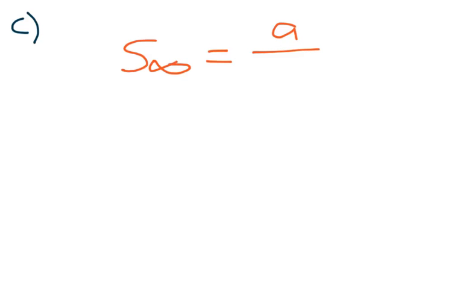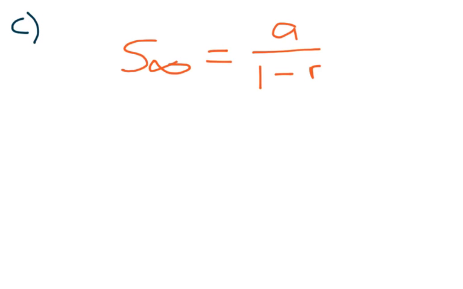So part C of this question asks, if the ball were to continue to bounce indefinitely, find in meters the total vertical distance it would travel. So for this part of the question, we're going to need a formula. We're going to need the formula for an infinite series, and the sum of an infinite series is equal to A/(1 minus R).